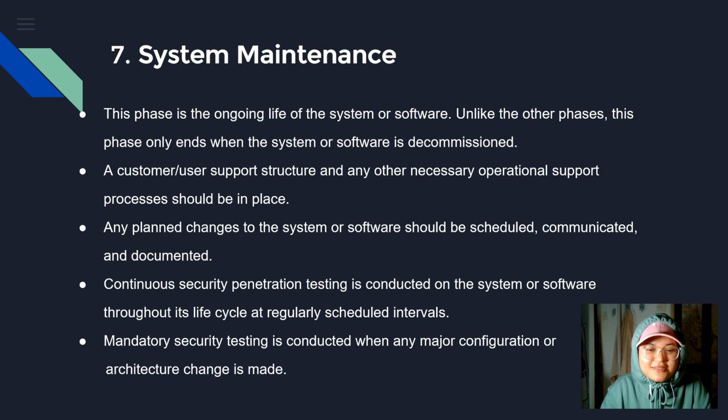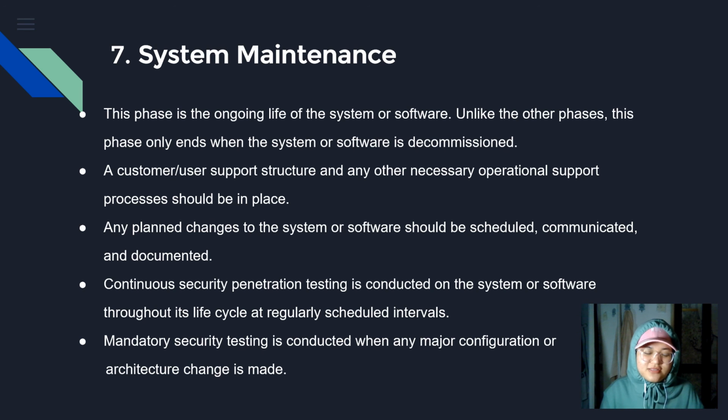The last one is system maintenance. What does system maintenance do? System maintenance is the ongoing life of the system or software. Unlike the others, this phase only ends when the system or software is decommissioned. Customer or user support structure and any other necessary operational or support processes should be put in place.